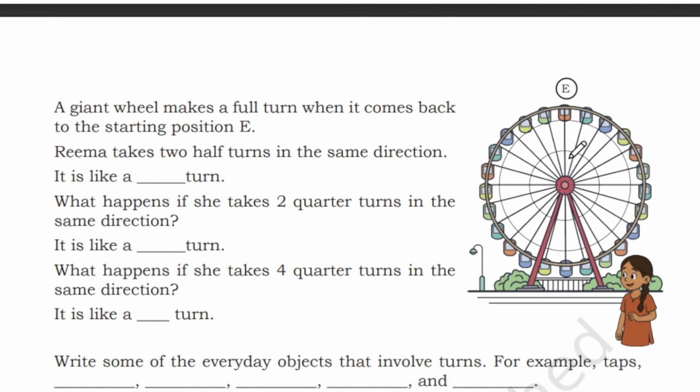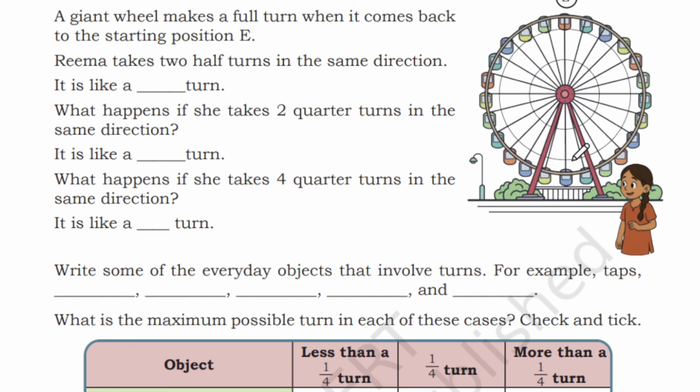Okay, next, a giant wheel. So look at this giant wheel. Here they have given the starting position as E. A giant wheel makes a full turn when it comes back to its starting position E. Correct. For example, this is the starting position.